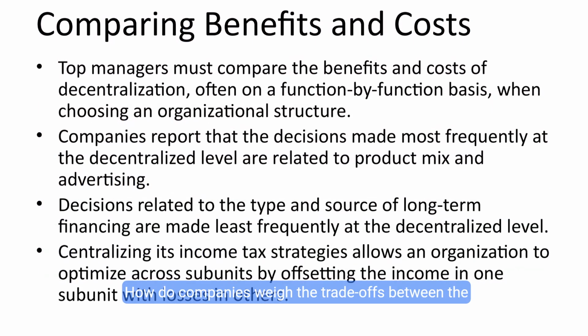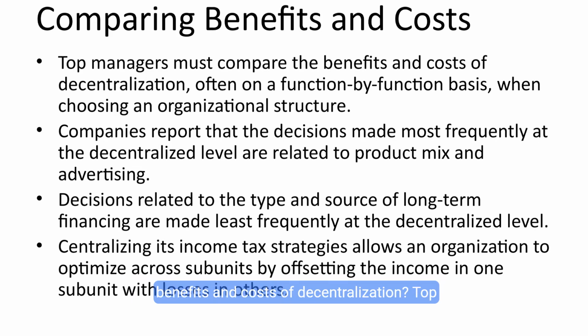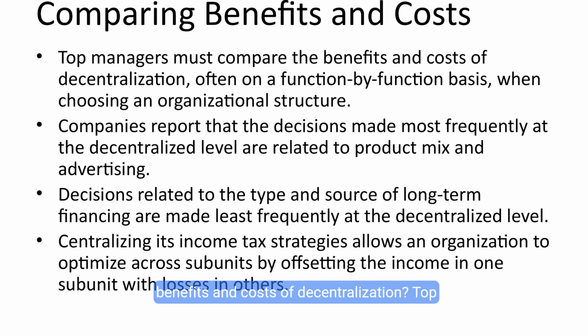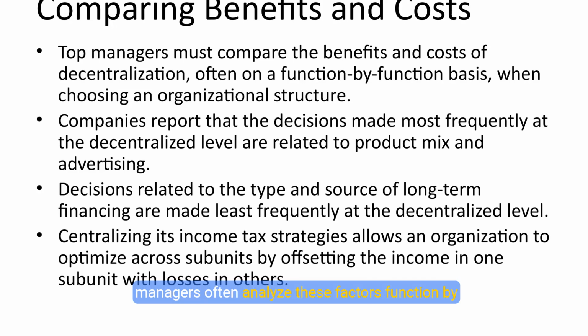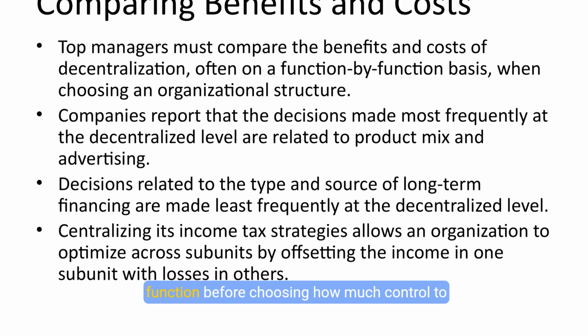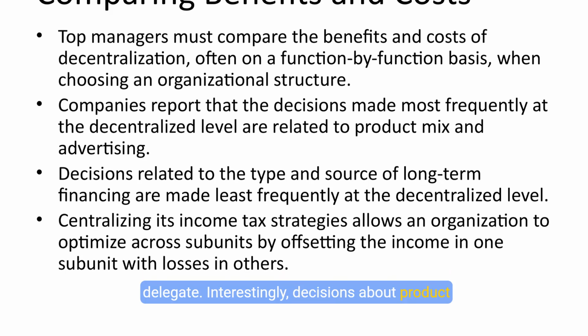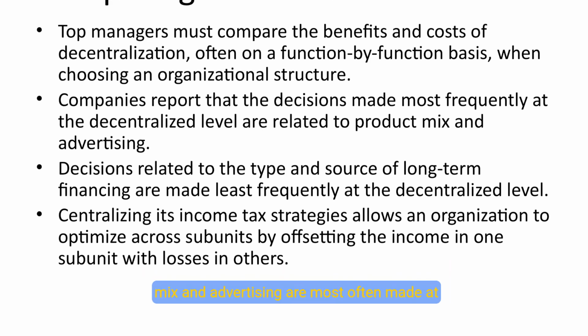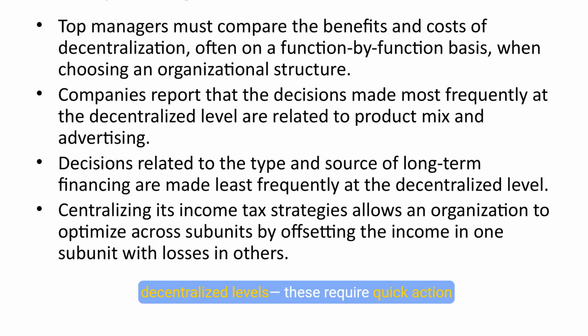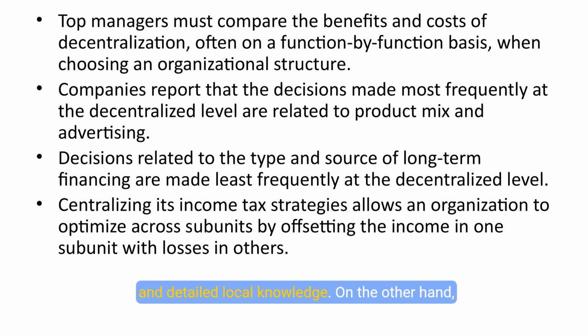How do companies weigh the trade-offs between the benefits and costs of decentralization? Top managers often analyze these factors function by function before choosing how much control to delegate. Interestingly, decisions about product mix and advertising are most often made at decentralized levels. These require quick action and detailed local knowledge.